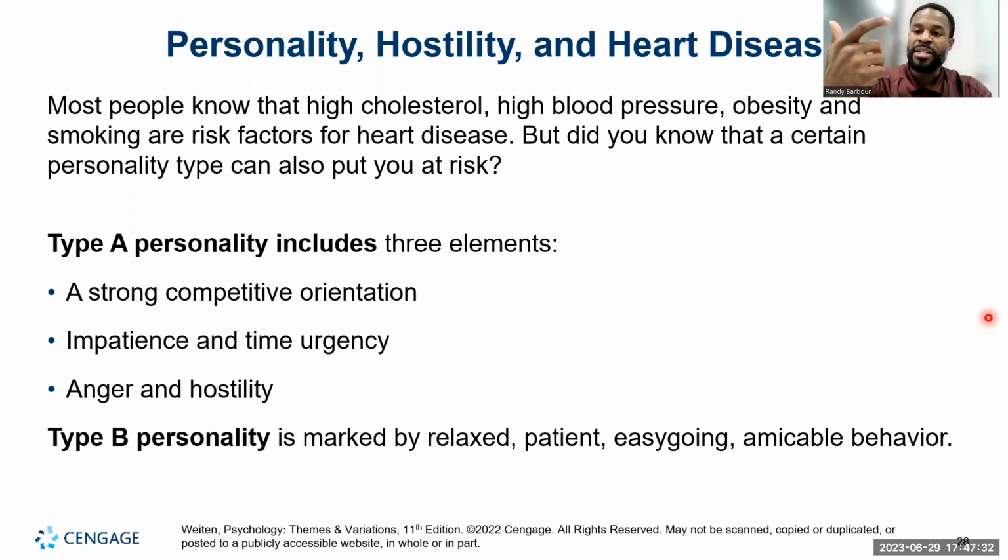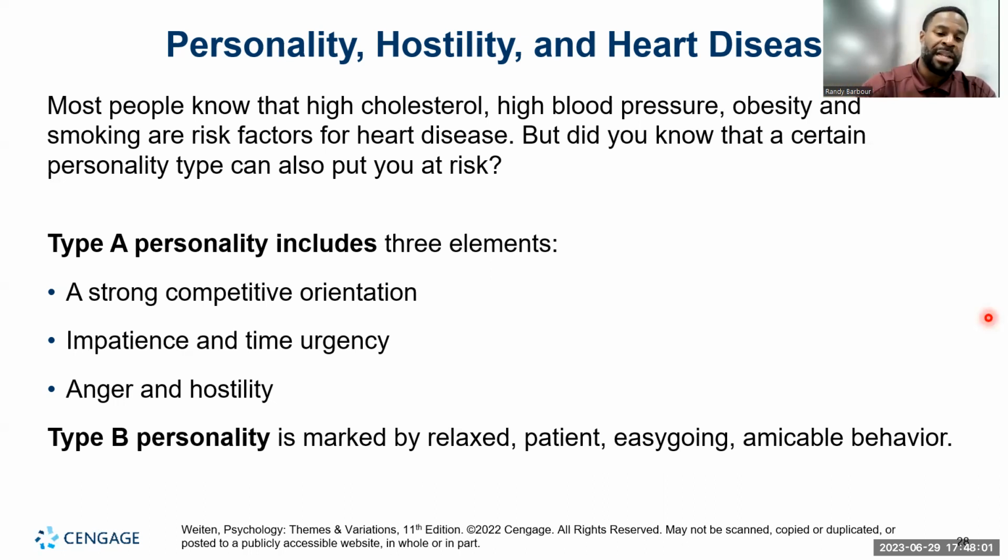Think about someone who is more neurotic, or someone who is more outgoing, more extroverted, or somebody who is just more relaxed and laid back, right? So think about someone who is highly irritable, someone who is always anxious, always thinking the worst. They're probably going to have high blood pressure, likely going to do things like smoke because they're more anxious, and that's going to put them at more of a risk.